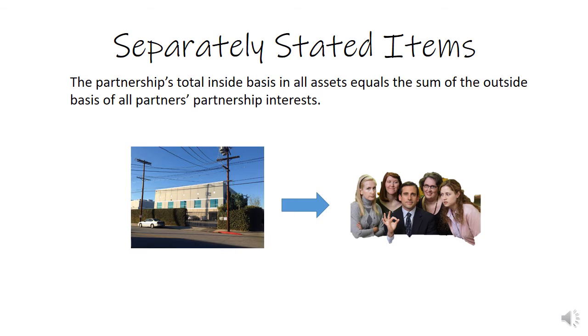But partnerships also include separately stated items. These are items that, depending on what type of tax filer is recording the items and their personal income tax preferences, the transaction itself could impact the partnership or the partner differentially.